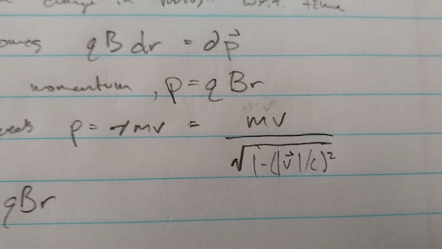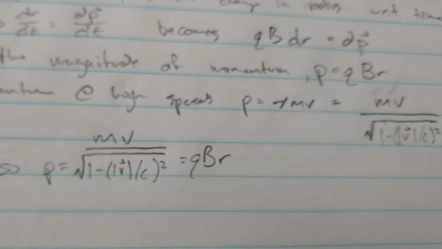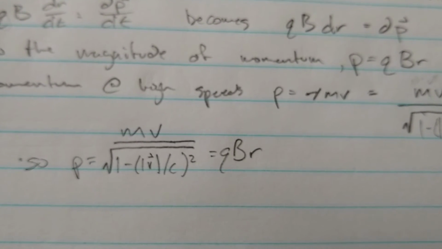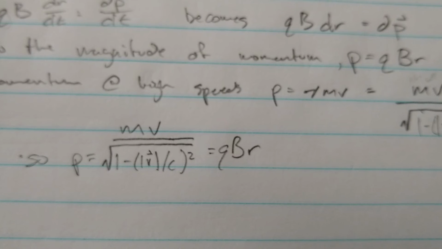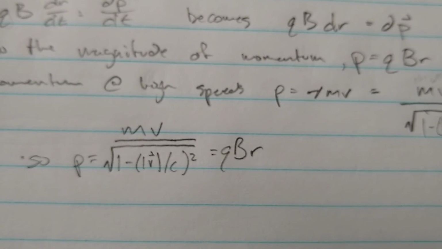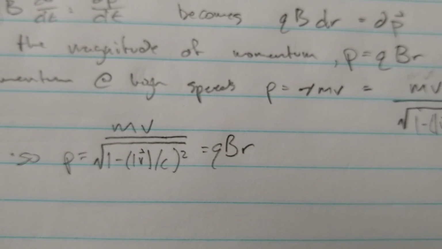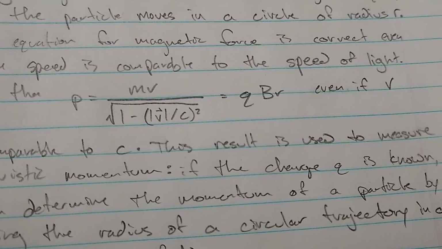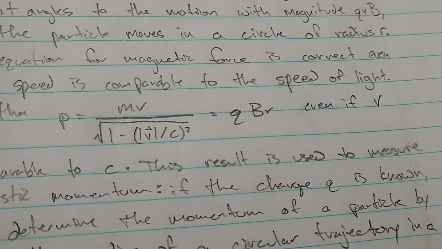Right, and so momentum equals this momentum equation at high speeds equals QBR, and that's the proof for the equation that they gave us in this formula.